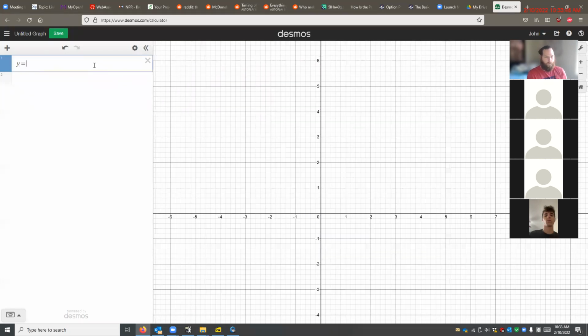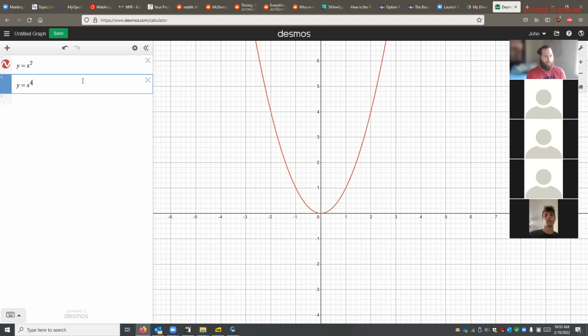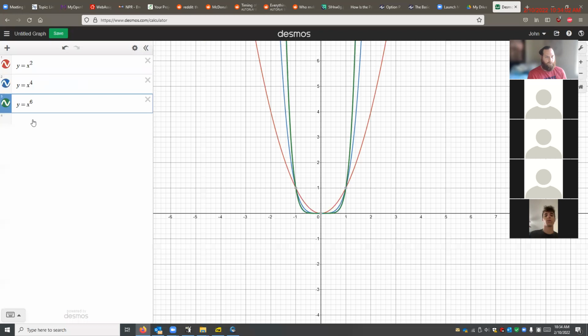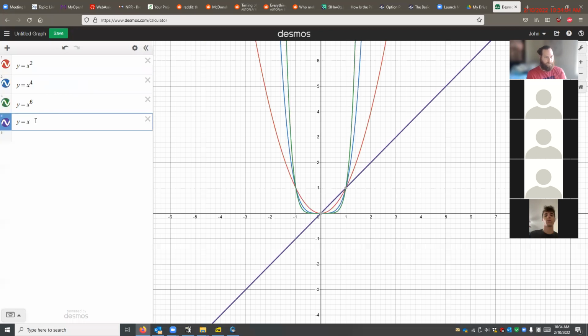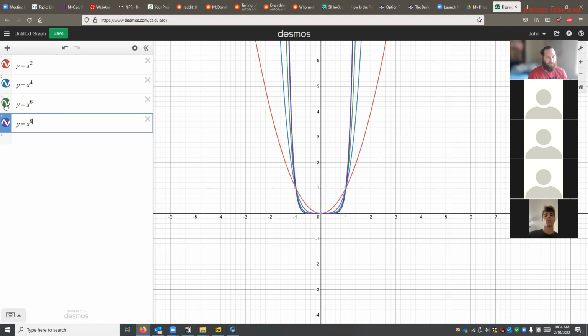Let me show you a few at once. X squared is even. X to the 4, that's the one we just looked at, is even, right? It kind of looks like a parabola, but its butt has been smashed down on the ground. X to the 6 will be an even function. X to the 8th power will be an even function.